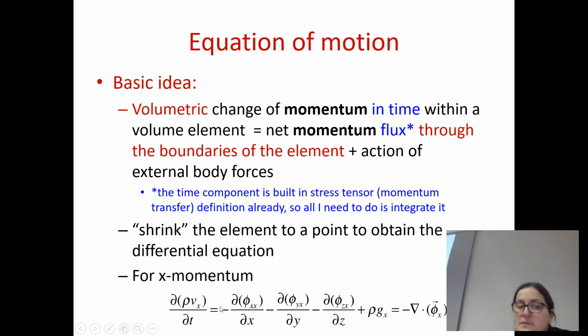So I immediately put that this is negative d/dx of phi xx, because that's x momentum coming through the x boundary, yes? X momentum coming through the y boundary, x momentum coming through the z boundary on a box. So I have really the divergence of what we are referring to as phi x, my x momentum vector.